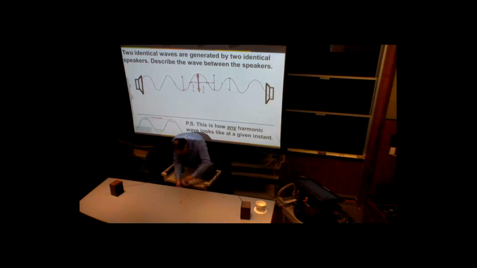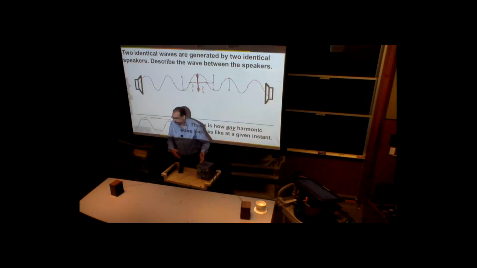Now, which is which? All right, I'm just going to plug both. So this is about 330 hertz. Well, if the frequency is 330 and the speed of sound is 330, the wavelength is supposed to be about 1 meter, a quarter of a wavelength about 25 centimeters.